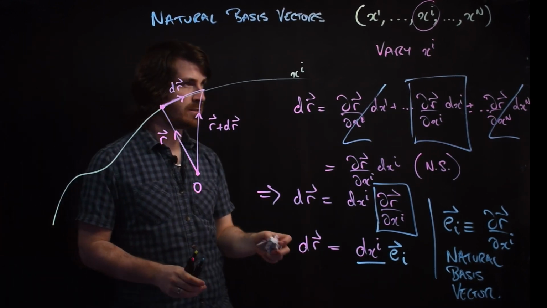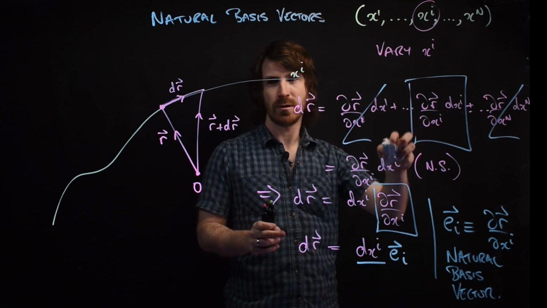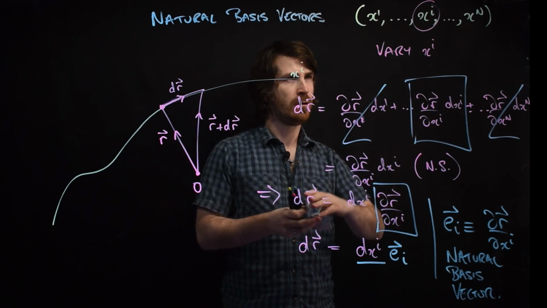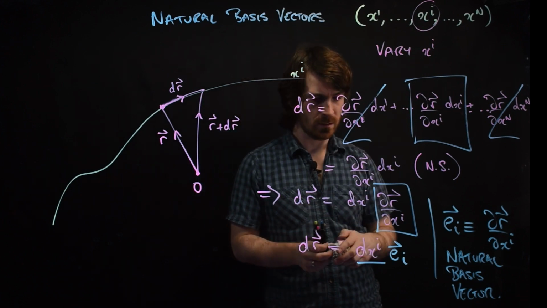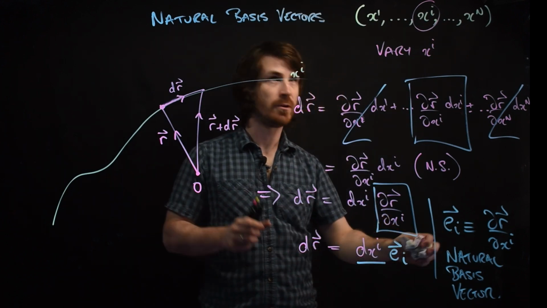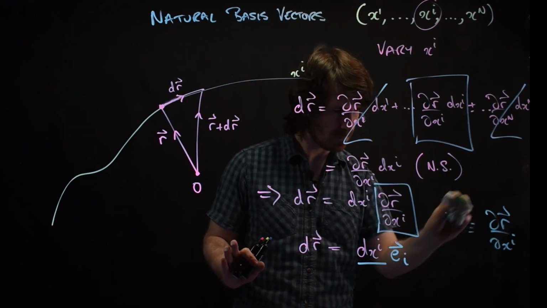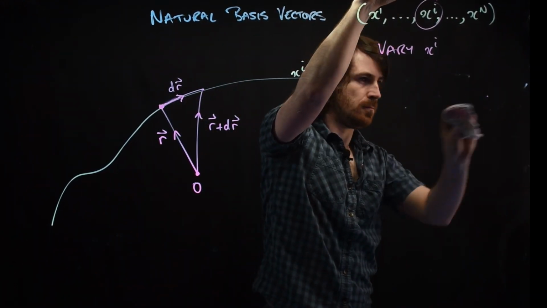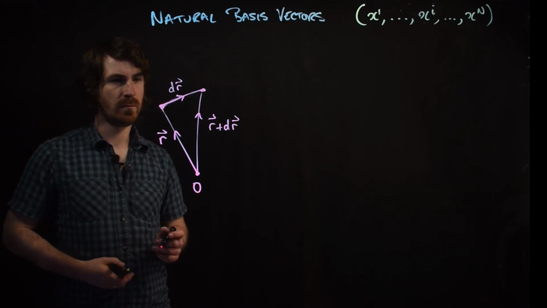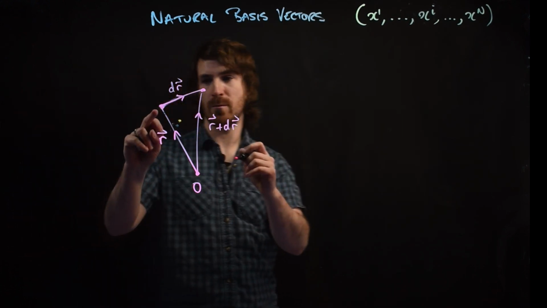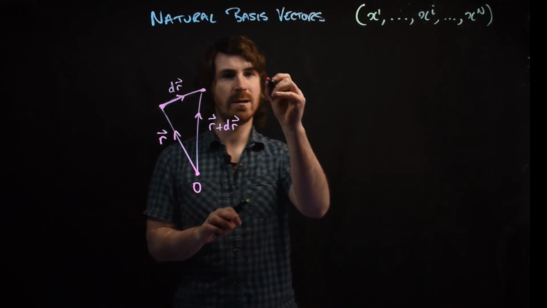Okay, so now let's consider not just varying xi, but varying the coordinates all at once. So let's restart. Now let's think about moving from r to r plus dr in any direction.